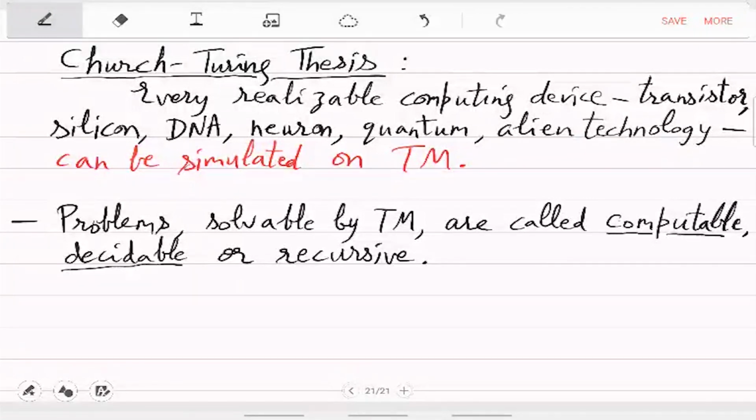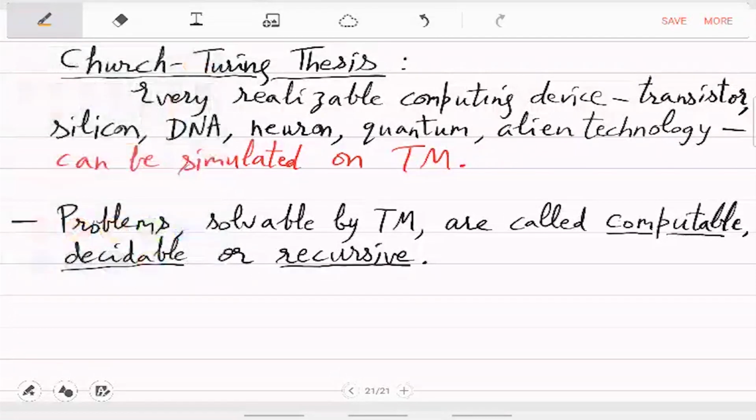Okay, these terms mean the same thing. So a problem is computable if it can be solved on a Turing machine by an algorithm, and a problem is decidable or recursive if there is a Turing machine for it.